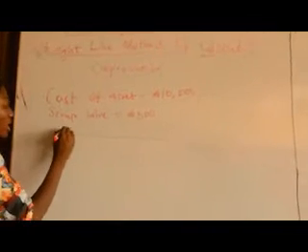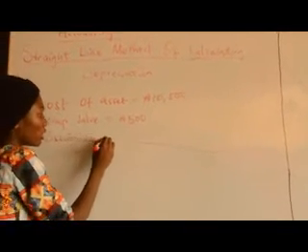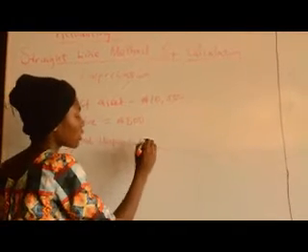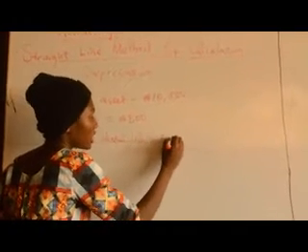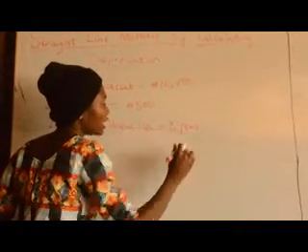And our estimated useful life is equal to 5 years. That is, this asset is expected to last for 5 years, and the organization has determined that at the end of 5 years they will sell this asset for 500 naira. But originally it was bought at 10,500. Now we are asked to calculate the depreciation using straight line method.